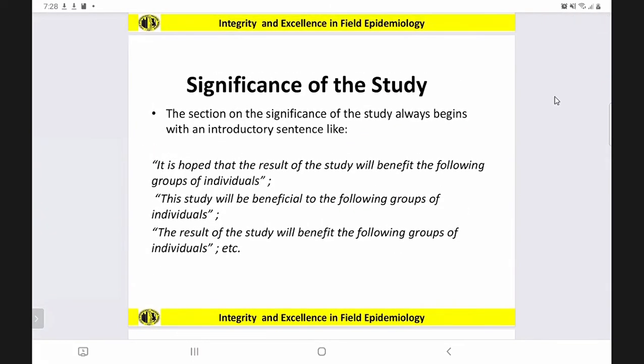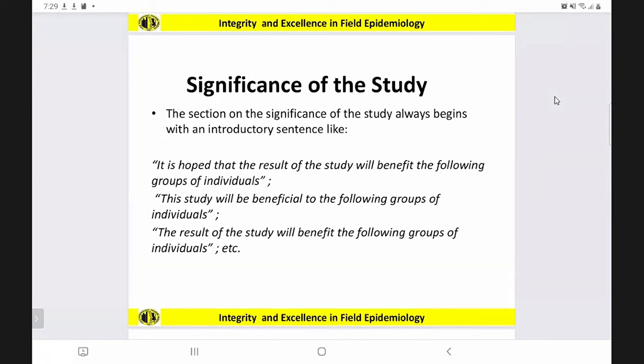So this section, the significance of the study, always begins with an introductory sentence. It's just a sentence, not a paragraph, not a lot of words. Sometimes researchers or students like to make a lot of opening statements in the significance of the study. I tell them you just have to make one or two statements.